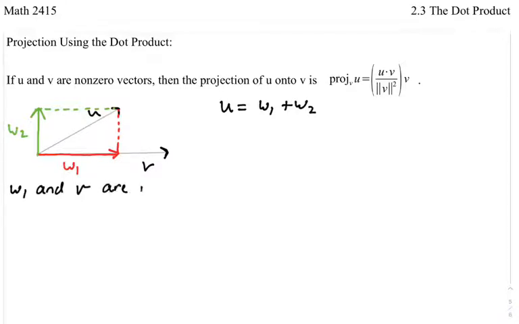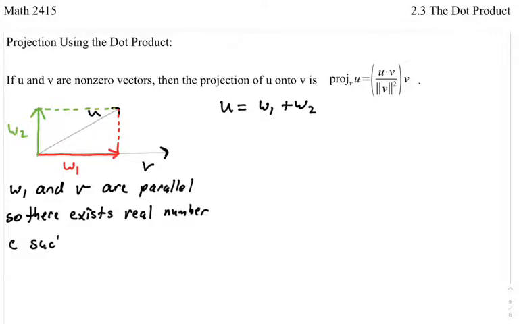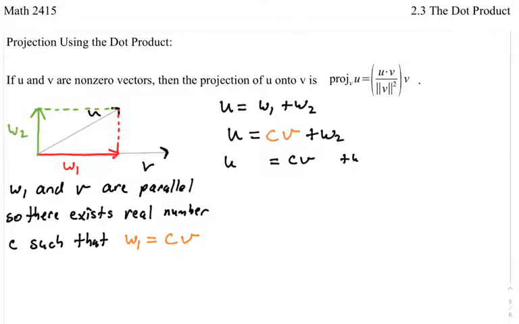Now w1 and v are parallel, so there exists a real number c such that w1 is equal to cv. So we'll make that replacement: u is equal to cv plus w2. Then we're going to do the dot product with v on the right-hand side with everybody.